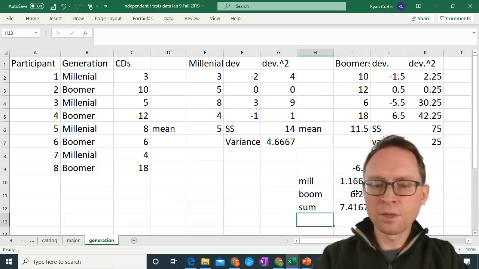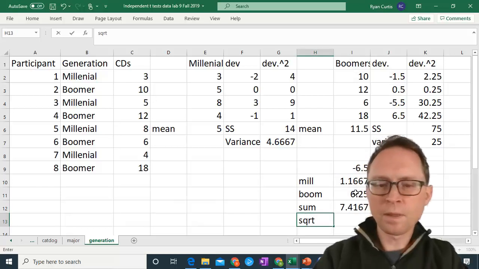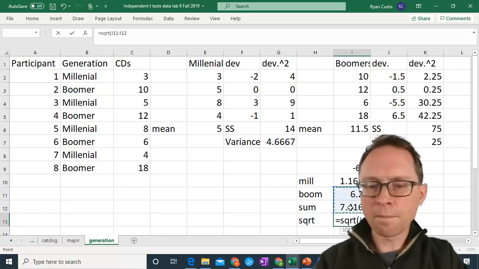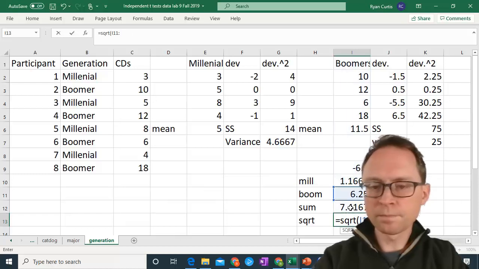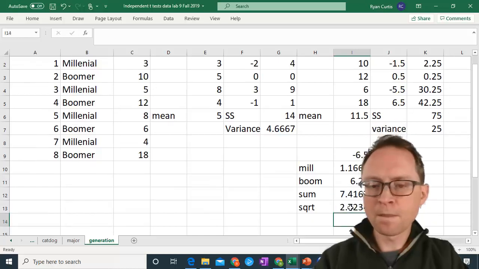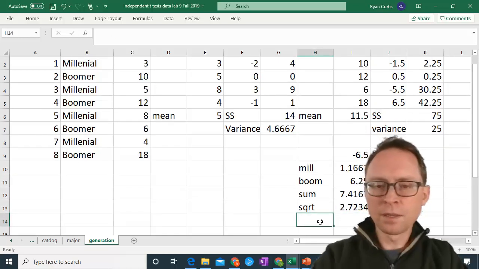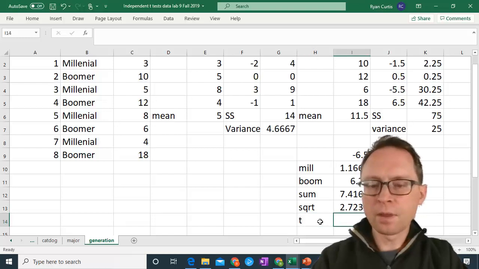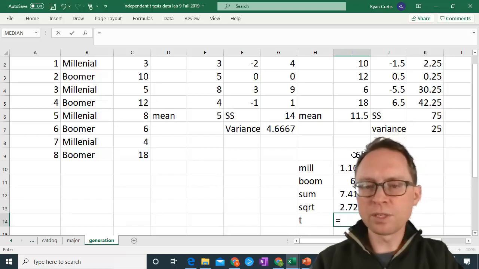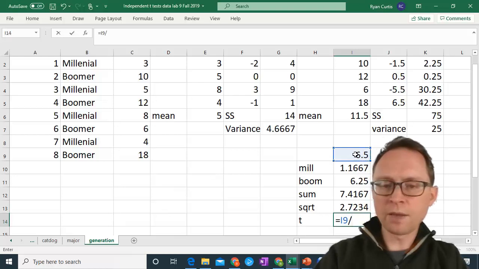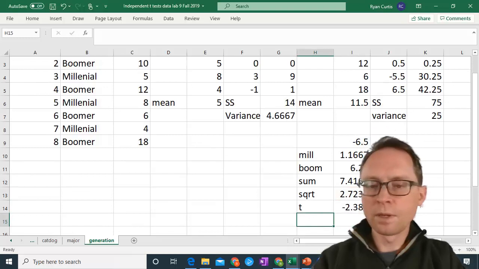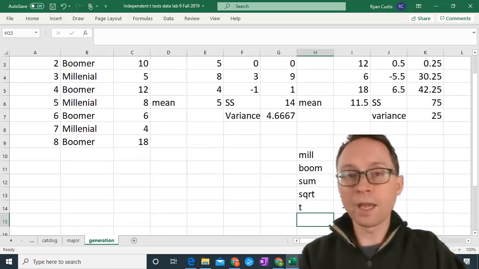You get that. You take the square root of that. And when you get the t, it is going to be x bar sub 1 minus x bar sub 2, which is negative 6.5, divided by all of that we just square rooted. Negative 2.387.